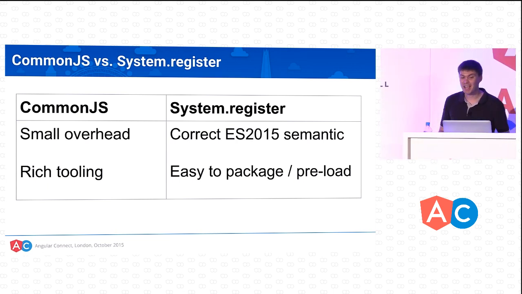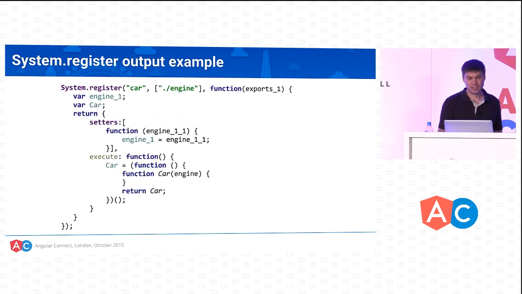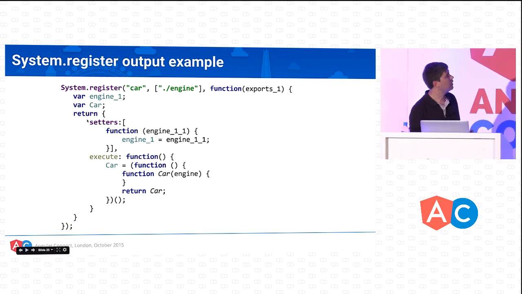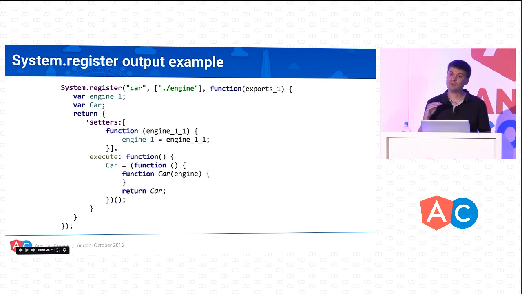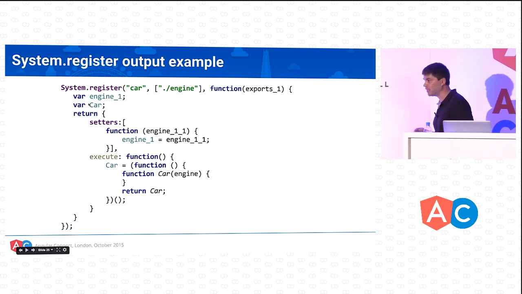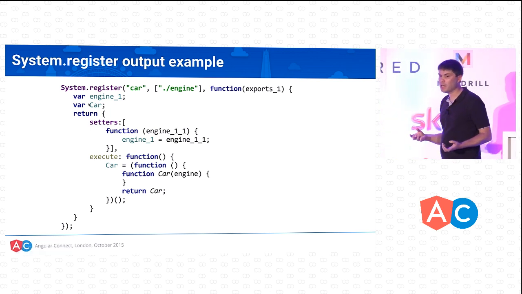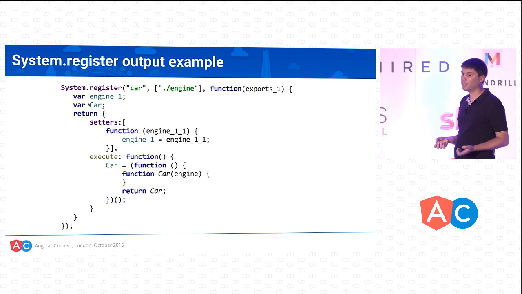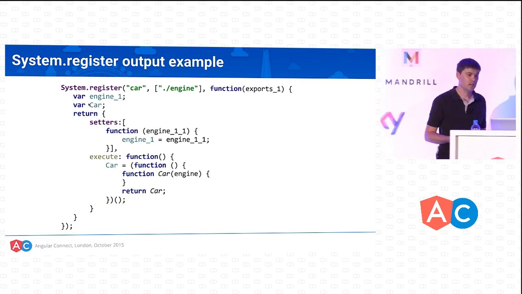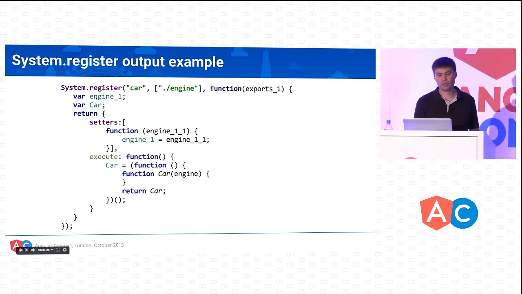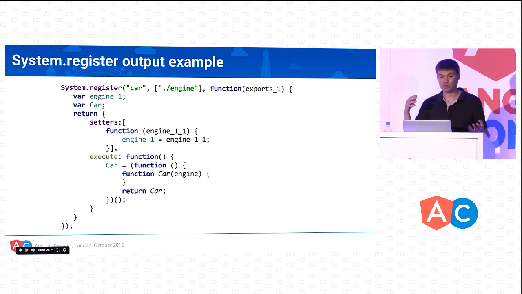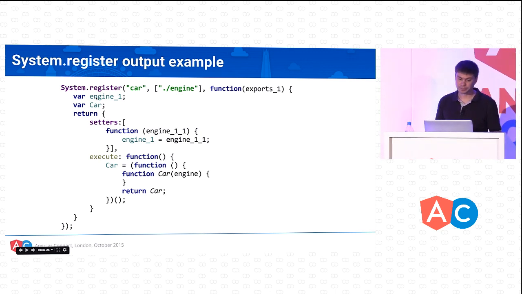System.register, if you look at it, is just a function call that fills in the System.register repository, which means that if I've got multiple files and I want to bundle them or package them, it's as simple as concatenating files. I can also use this output in a script tag to pre-populate the register.